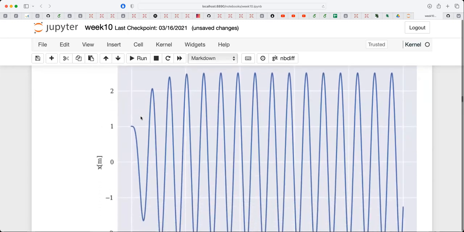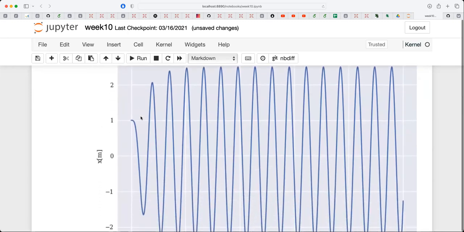Typically what you would see is something like this, where the value of X has a large amplitude, because I put the applied frequency equal to the natural frequency of the system. So it's going to swing a lot between the two extremal values. So this is X, the position as a function of time.